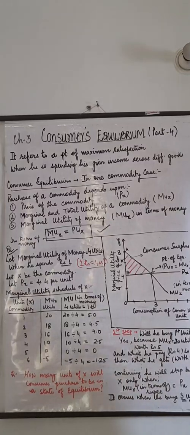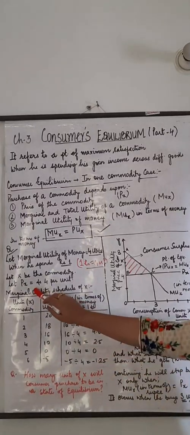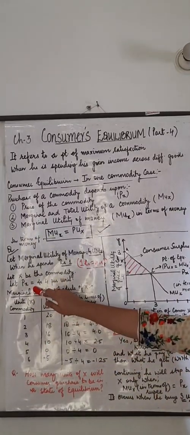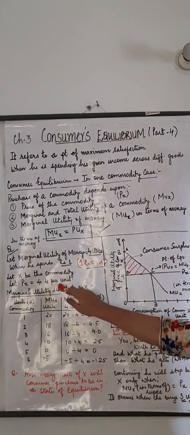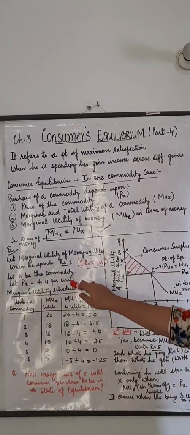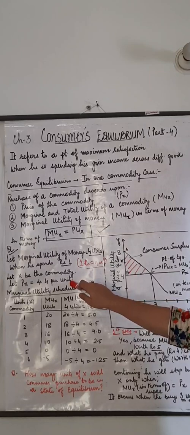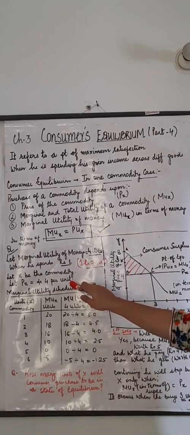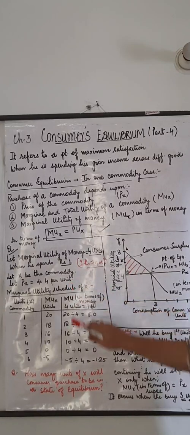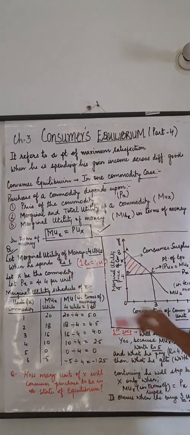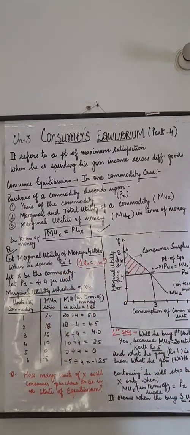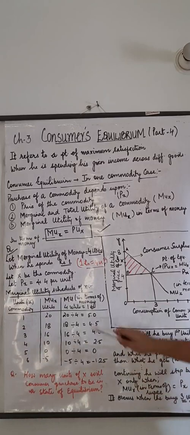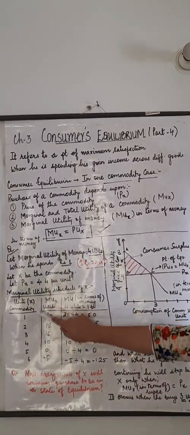Let X be the commodity. Let PX, the price of the commodity, be ₹4 per unit. On one unit of consumption, the price of commodity X is 4. Now we look into this marginal utility schedule and how it works. See students, these are the units.